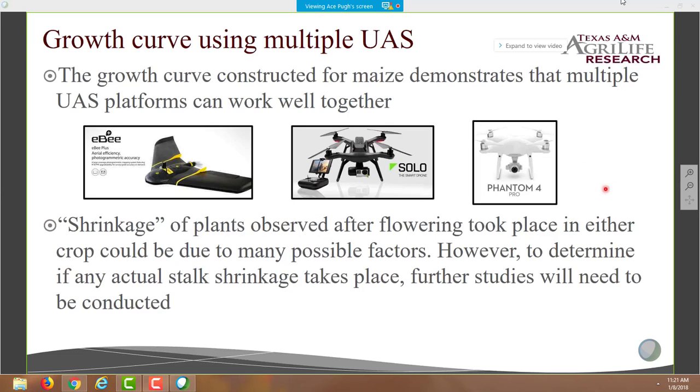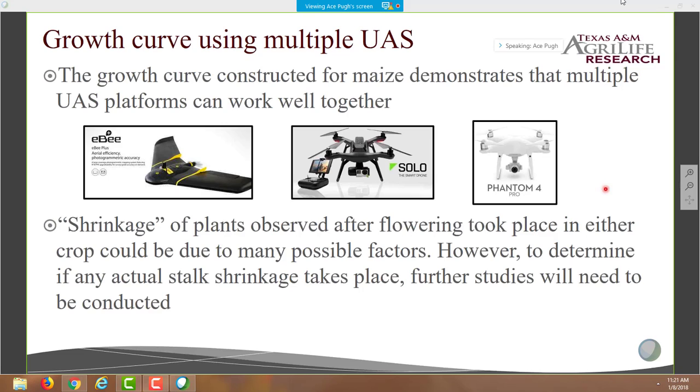So the growth curve constructed for Maize demonstrates that multiple UAS platforms can work well together. And the shrinkage of the plants that was observed after flowering took place in either crop could be due to many possible factors. However, to determine if actual stalk shrinkage takes place, further studies would need to be conducted, because there's a lot of other more mundane explanations for why there was a decrease in height.